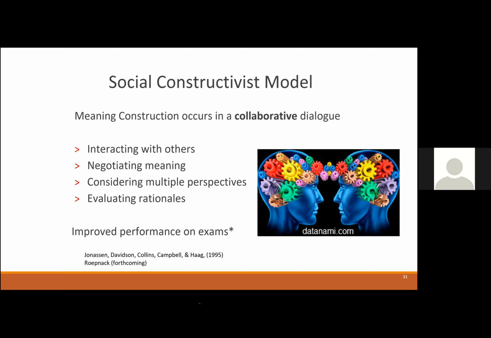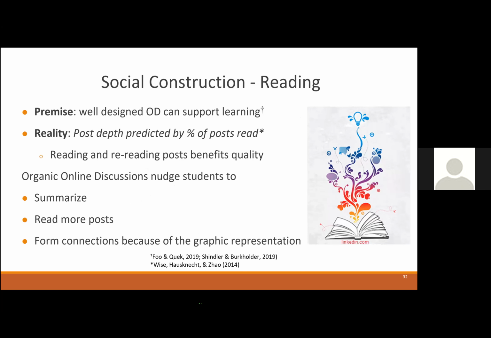Another reason why they might have scored higher is that Wise and her colleagues up in Canada do some really great research on discussions, and they found that post depth is predicted by the percentage of posts read, not scanned, but read.